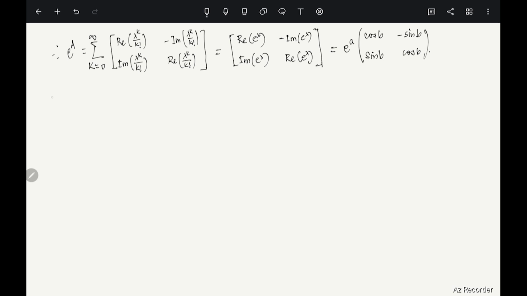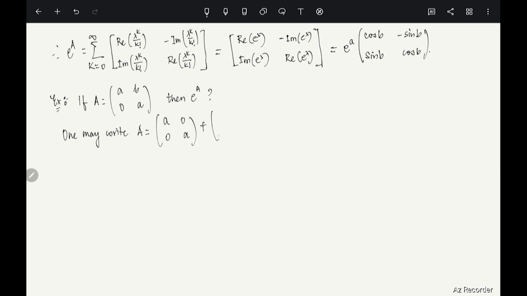Now let's look at another example. Let's say A is another 2 cross 2 matrix, A, B, 0, A. Then we need to calculate what is e power A. Let's calculate that. One may write A to be A0, 0A plus 0B, 0, 0, which is nothing but A times I plus a matrix B. Clear?